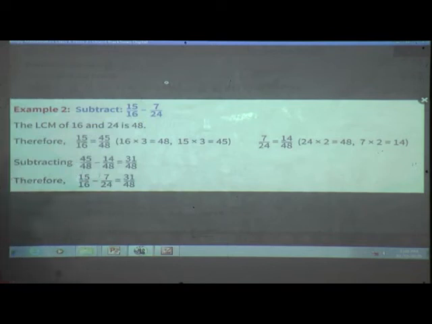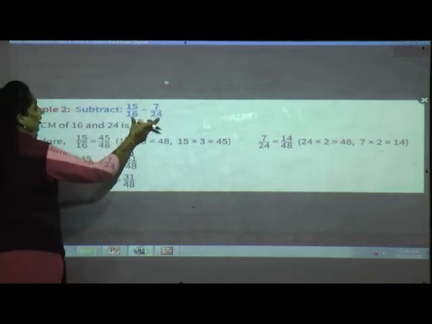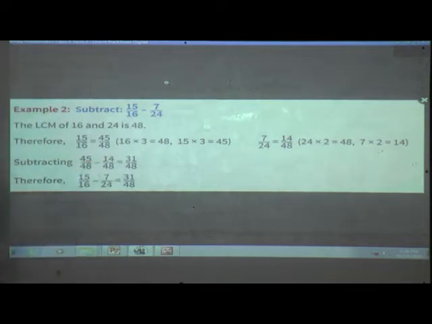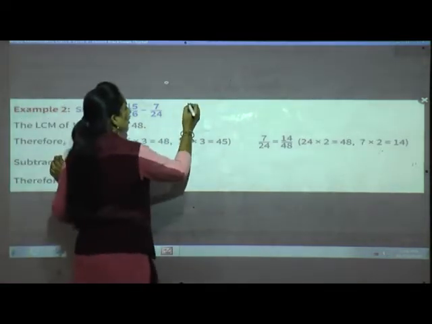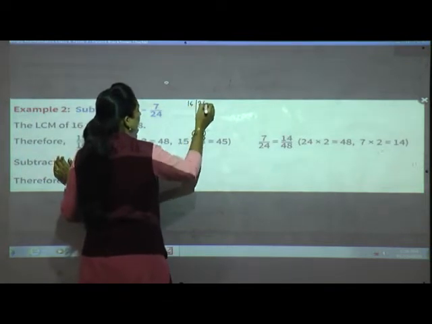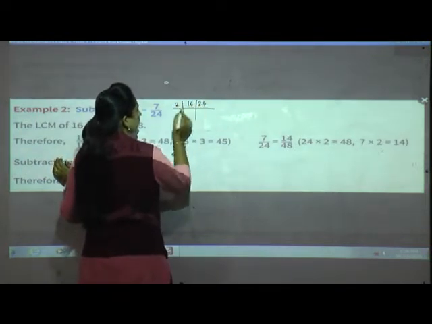Now see, the denominators are not the same. So what do we have to do? We have to find out the LCM of both the numbers. See, I'll do it together with two tables.